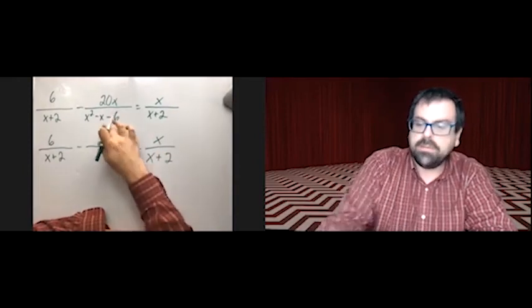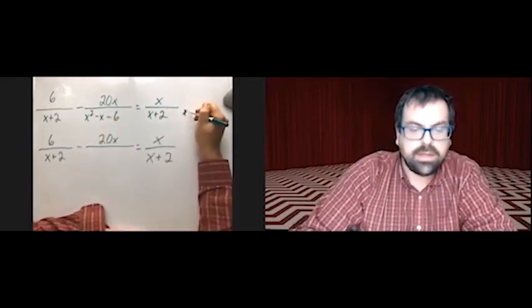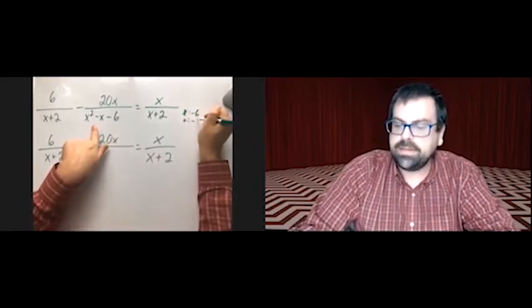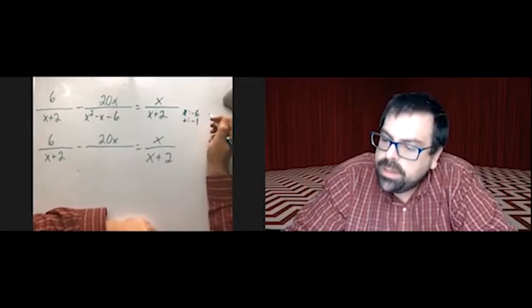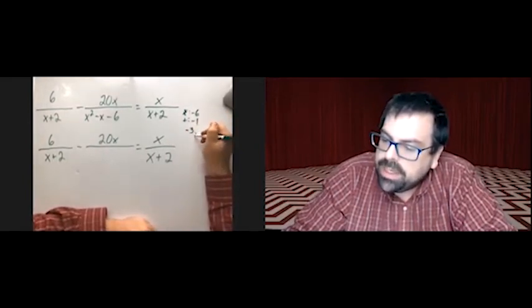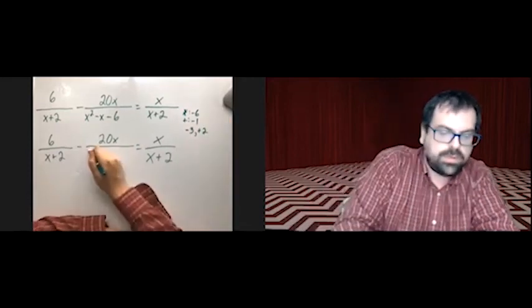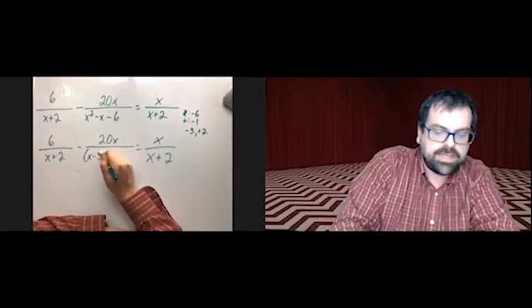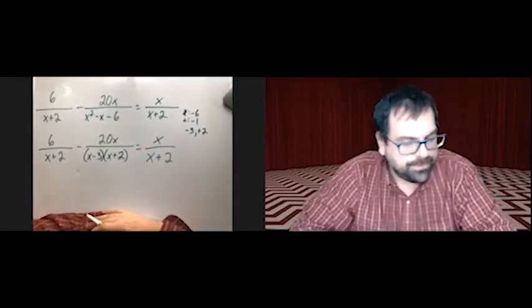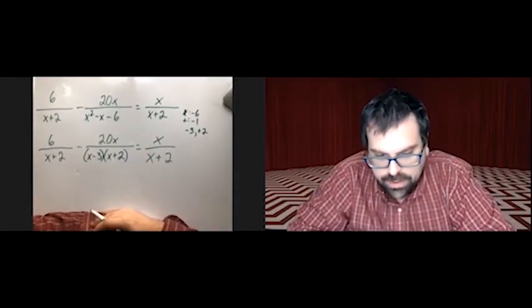But here we'll need numbers that multiply to negative 6 and add to negative 1. This is going to be minus 3 and plus 2. So x minus 3, x plus 2. Why?